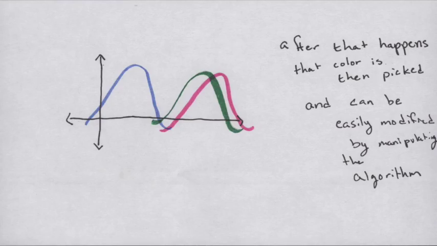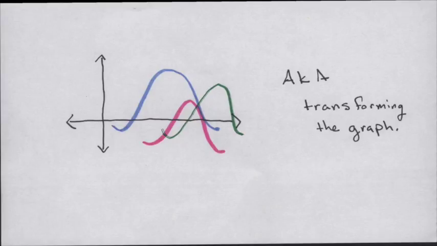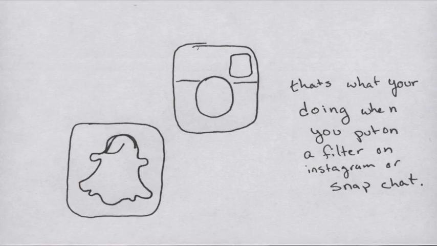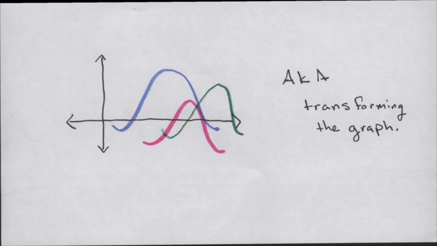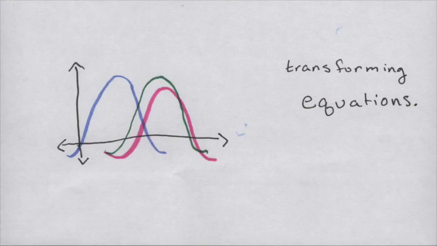So after all that stuff happens, maybe you're taking it on Instagram or something, and every time you use a filter, basically what you're doing is shifting the colors to show the lens or viewer what they want to see. So after you've taken the image and you've recorded all this information, you can then shift to these graphs and change the output that the phone is going to give you.